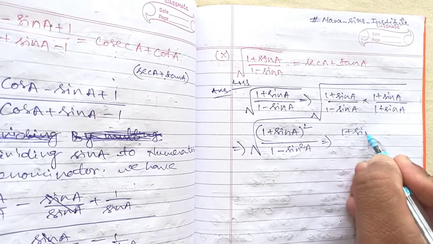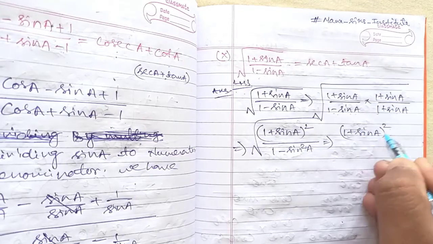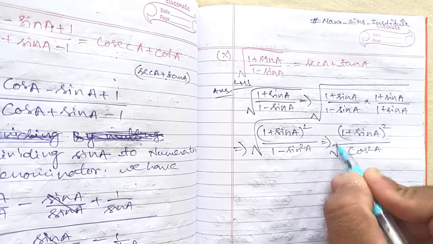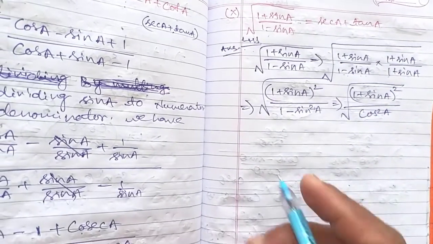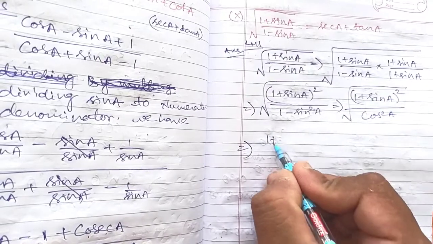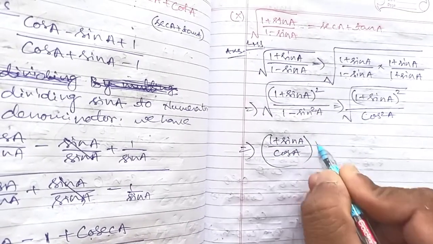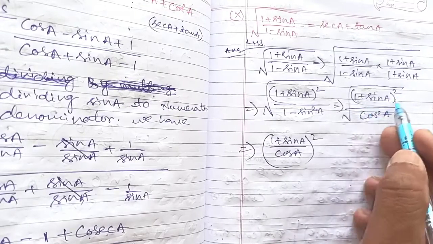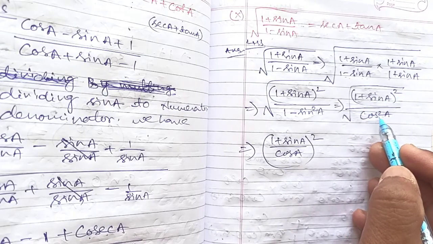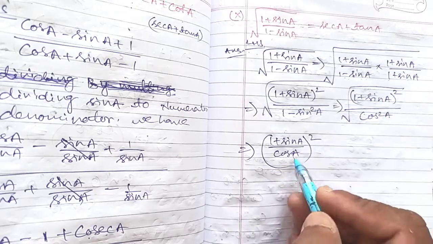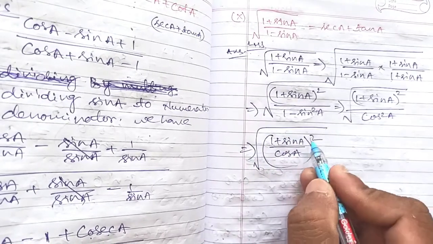Now 1 minus sin square a will become cos square a, under the root. Now this square we will give to the total term, because the numerator is inside a whole square and the denominator also has a square. So we give the square to both numerator and denominator under the root. Why have we done it like this?